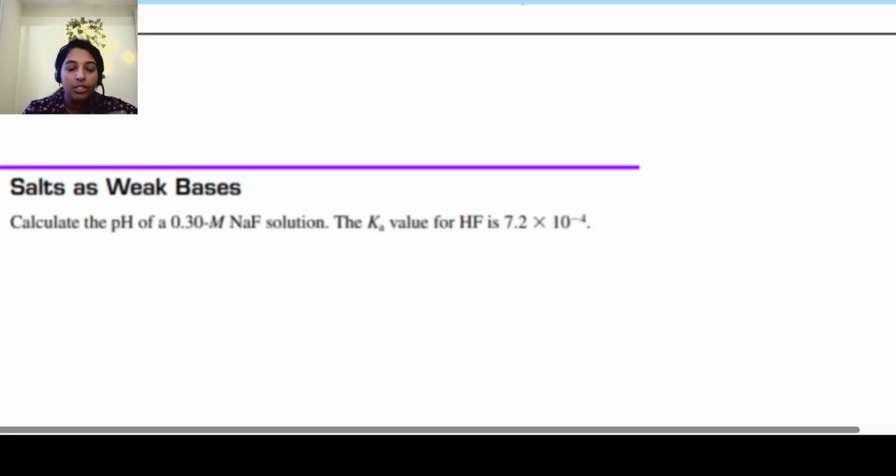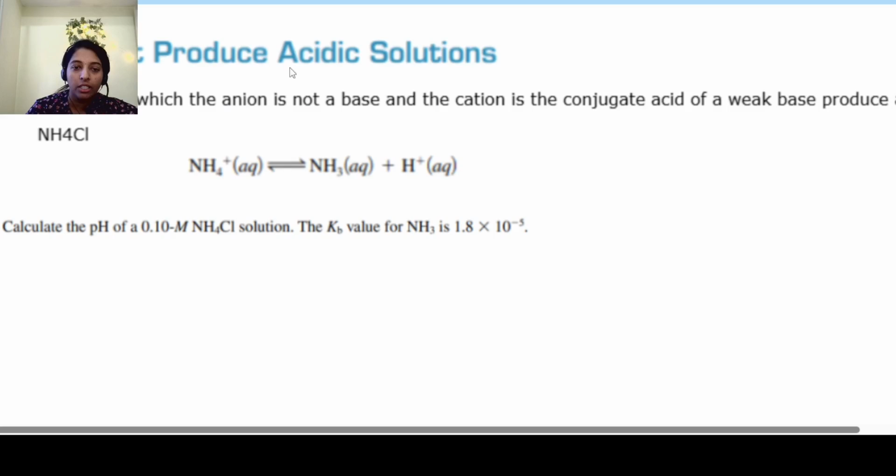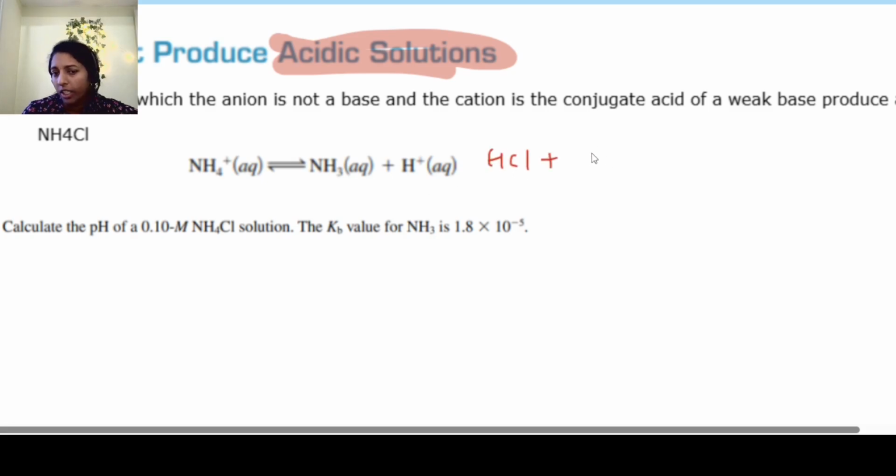See, the same thing you can apply with a salt that produces an acidic solution. This time I need to take a strong acid, so I will take HCl, and a weak base, I can take NH3. So what happens? NH4Cl is formed as a salt.